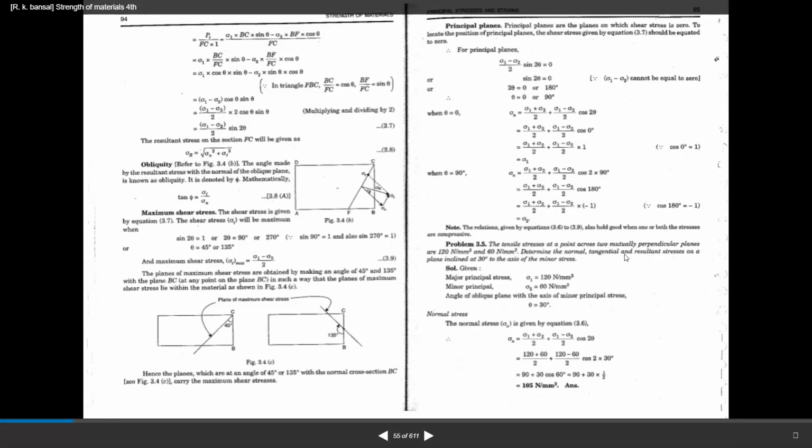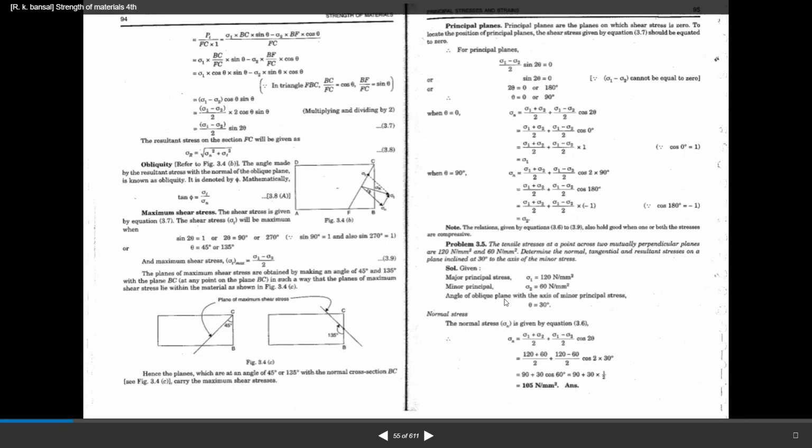Three values are calculated. Write the given data first. Major principal stress sigma 1 equal to 120, sigma 2 equal to 60. Major and minor, two stresses are given in this problem.